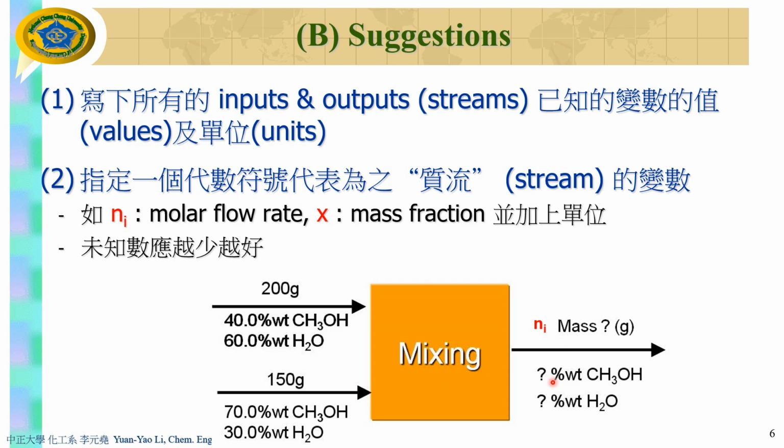And here you can write Xi, or 1 minus Xi. This is a fraction. What you want to do is write down all the information you know, and also mark the unknowns with certain well-known symbols, like N or M or X.